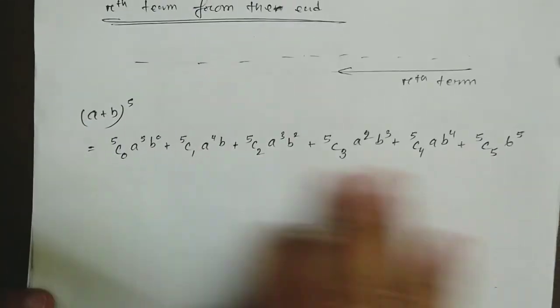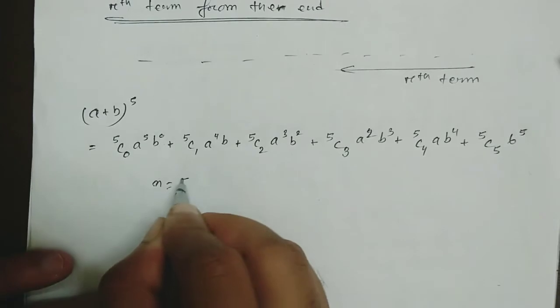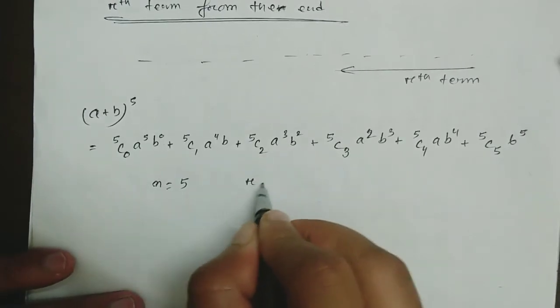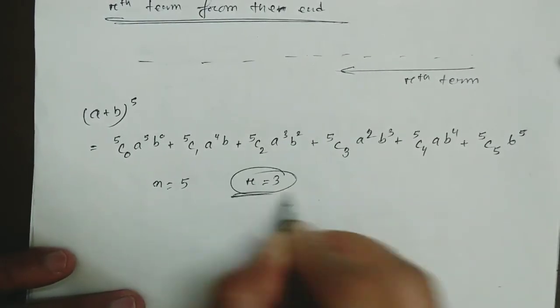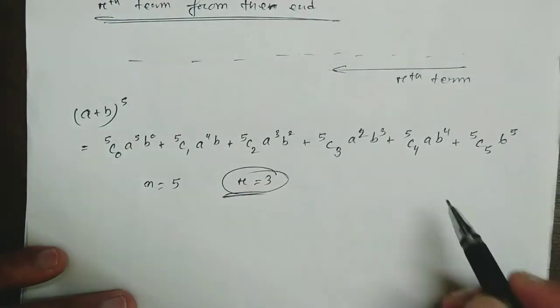Okay, so over here we have assumed n to be 5. Let us assume r to be 3. Okay, so what is the third term from the end?